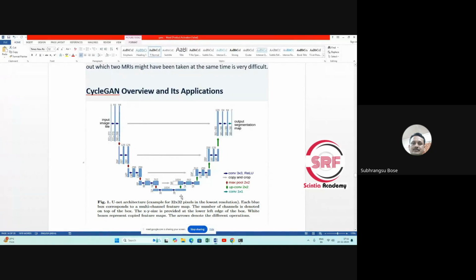Just see this neural network system. This architecture is the UNet architecture. This is the input image, which is 572 by 572.